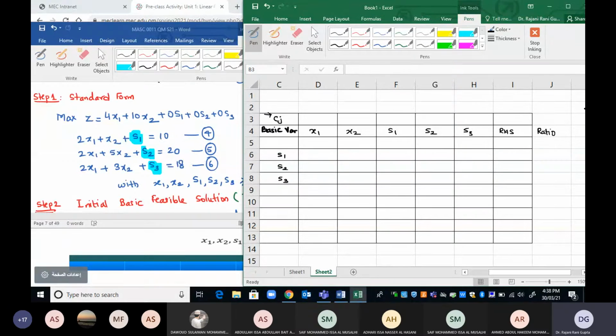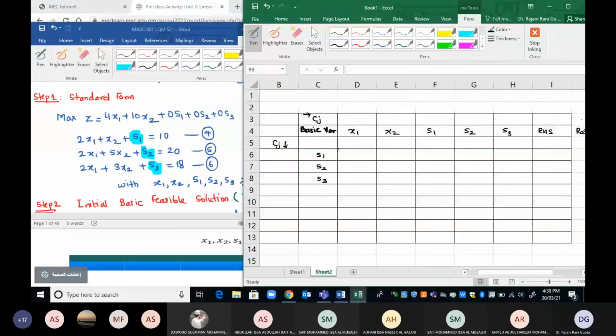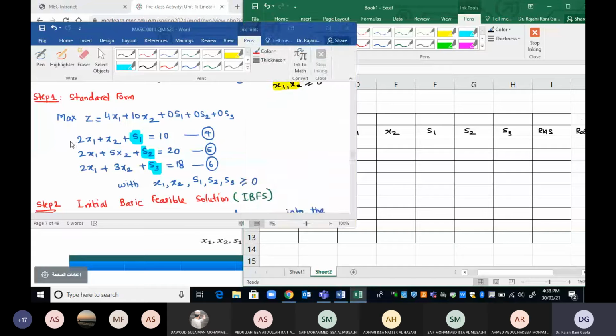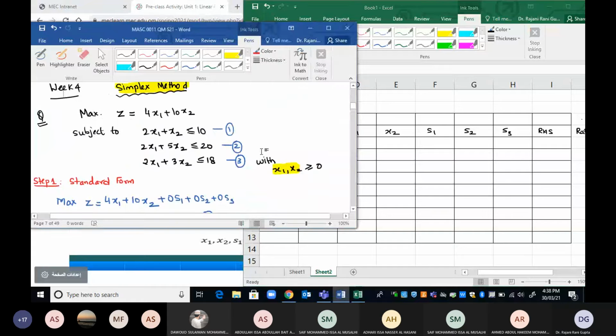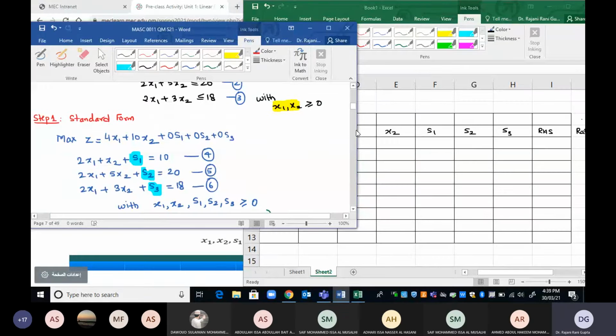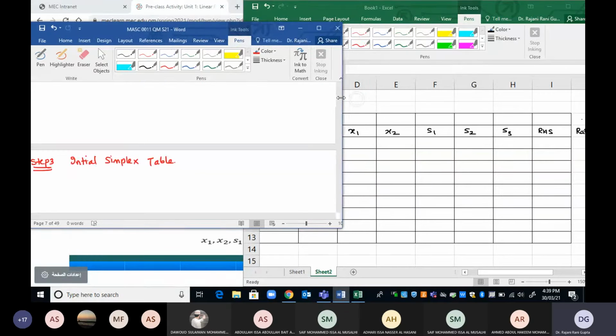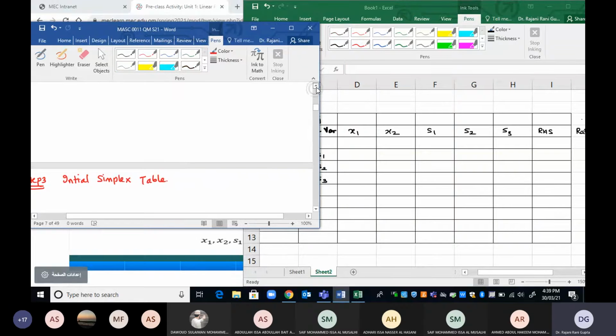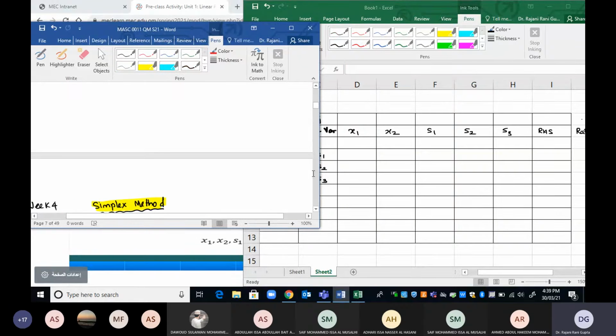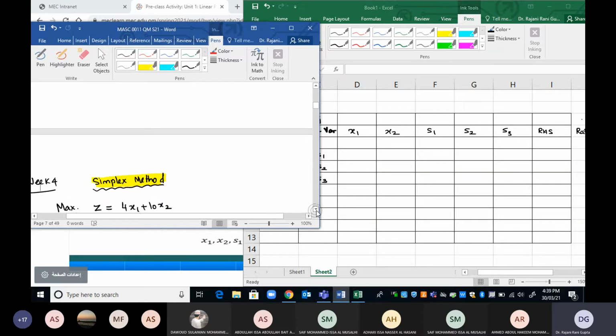We pick one equation at a time. So in the first equation, what we can see, S1 is the basic variable for equation number 4. So we will write these entries over here. We will fill this by using this 4. Now S1 comes here.